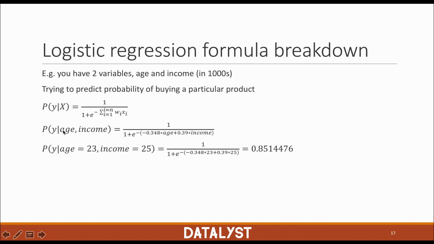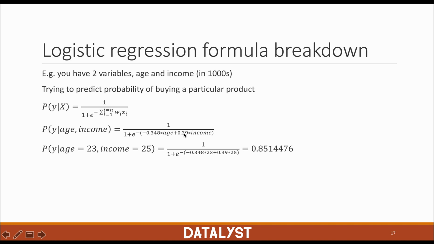So let's move on. As I mentioned, we have the age and the income, so x capital refers to age and income, and y is the probability of purchasing a product. You ran an optimization algorithm for logistic regression, let's say gradient descent, and you found that the coefficient of age is minus 0.348 and the coefficient for income is 0.39.